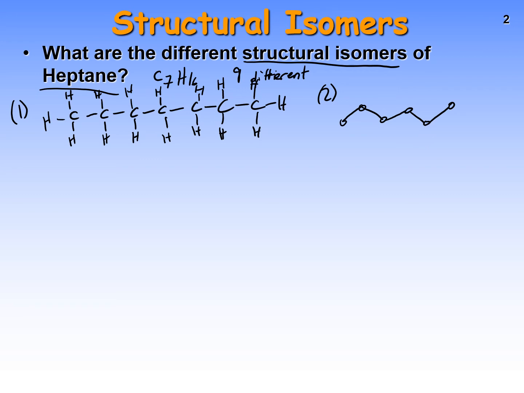We generally wouldn't use all those little circles, so if we finish this structure correctly, it'd be 1, 2, 3, 4, 5, 6, 7. Now, there are 7 carbons and 16 hydrogens still, and this is another structure.